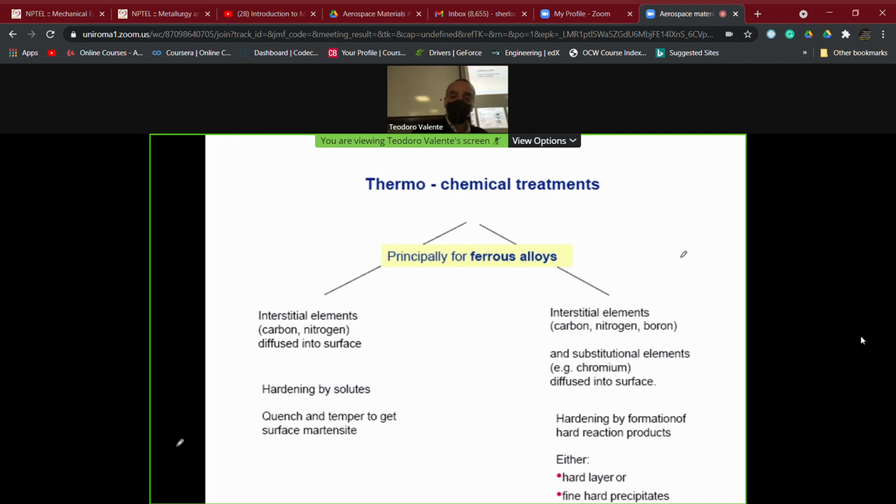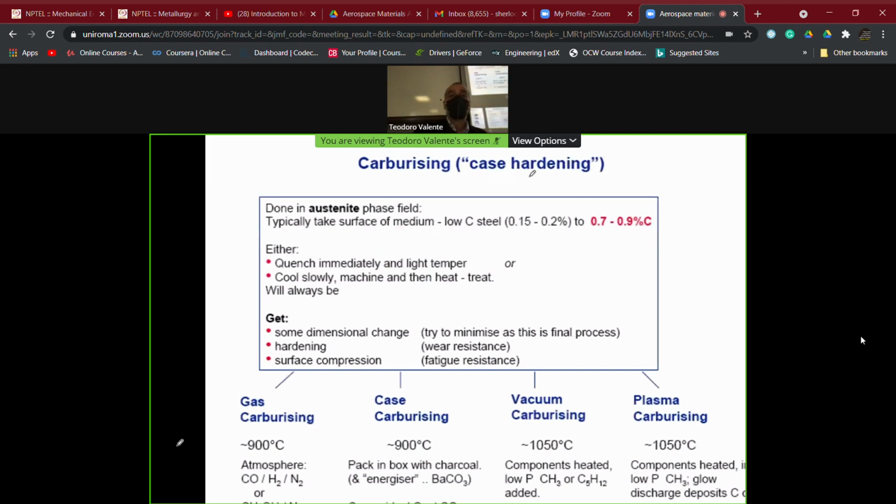Or we can also have solid state diffusion, which does not rely only on interstitial defects, that is, elements which are put in the interstitial free space of the lattice, but also on a substitutional mechanism, as happens, for example, with some iron-based alloys with chromium. But carburizing is inside this area, and now we are entering this area of surface modification which does not imply the use of coatings.